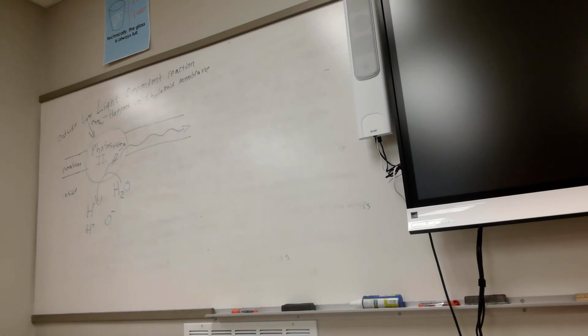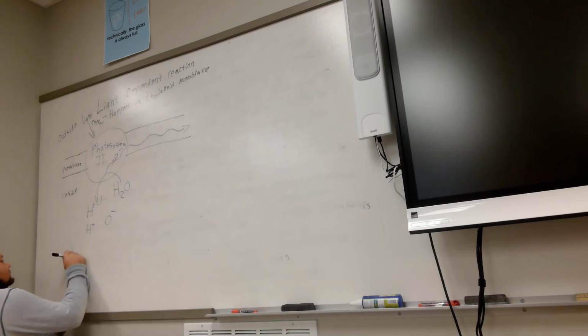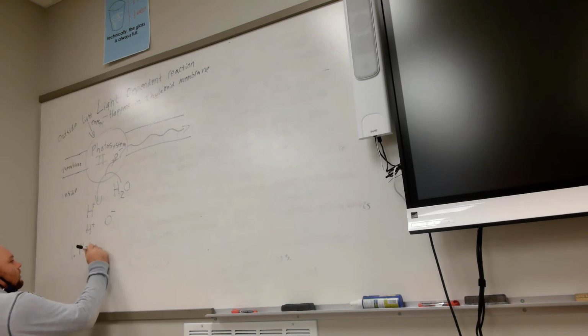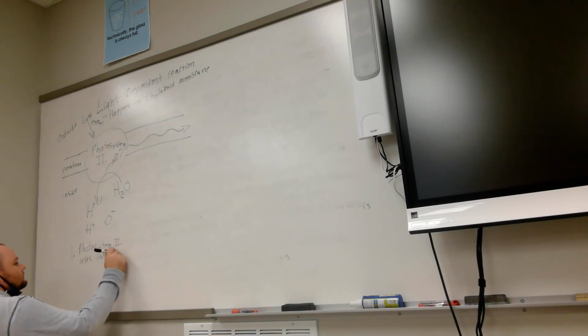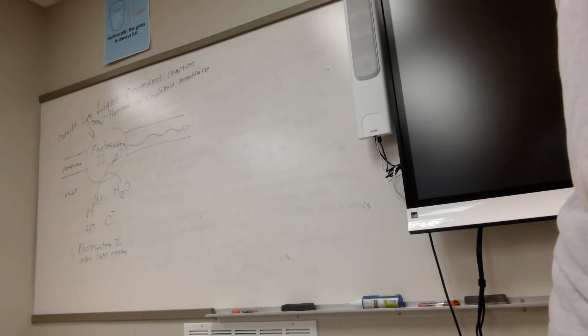And so here, let me put this as like numerical steps. So step 1, photosystem 2 uses light energy. Go ahead and check your things.